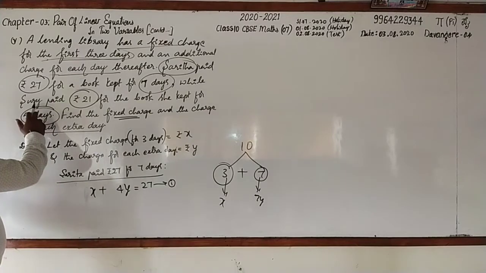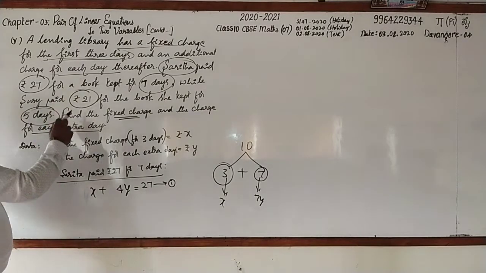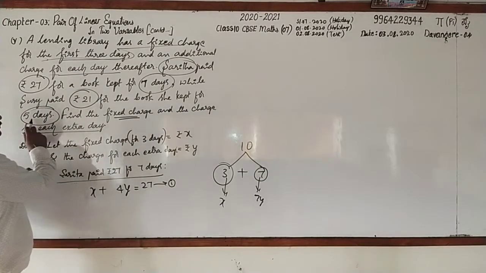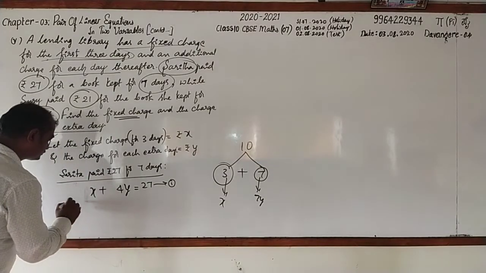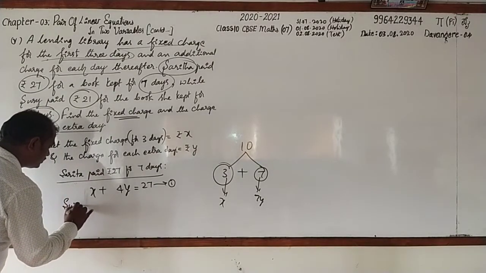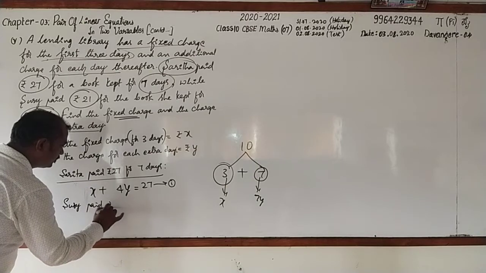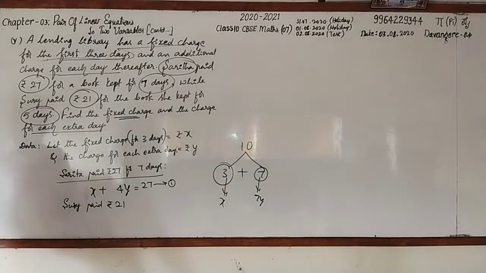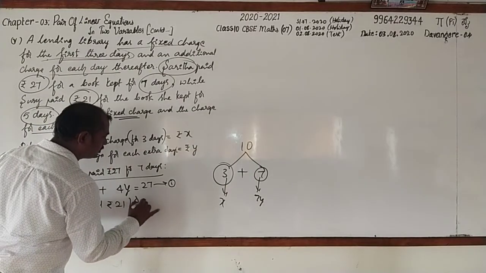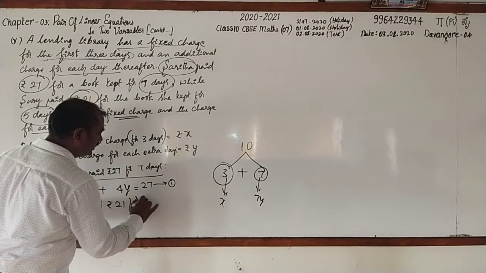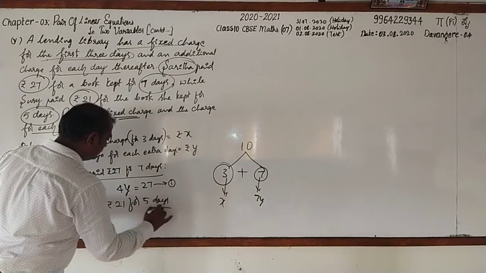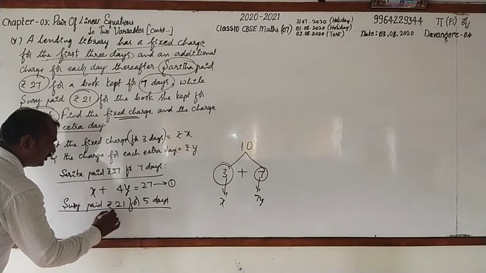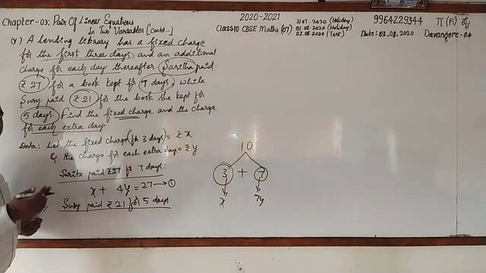Then another one. The second person, Susie, paid 21 rupees for the book she kept for 5 days. Then 5 can be split up as 3 plus 2.